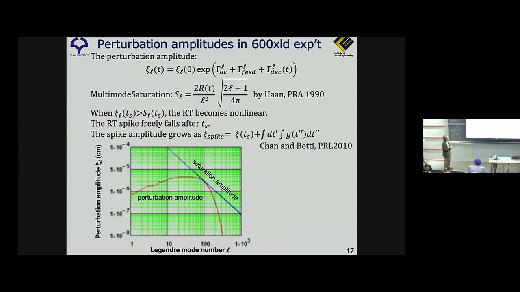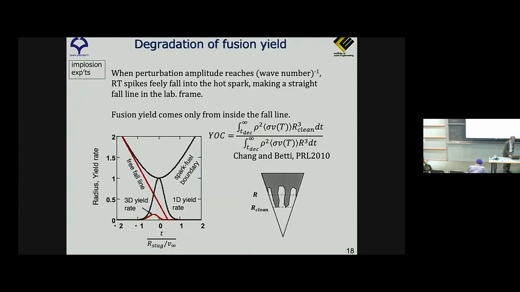So the spike amplitude, Gaussian spike, is the initial amplitude plus the double integral of gravity. It's just straightforward. So the Rayleigh-Taylor spike freely falls, as I told you. That means it makes a straight line in the lab frame.